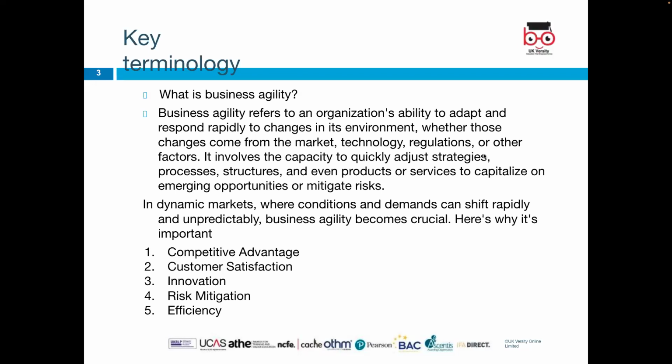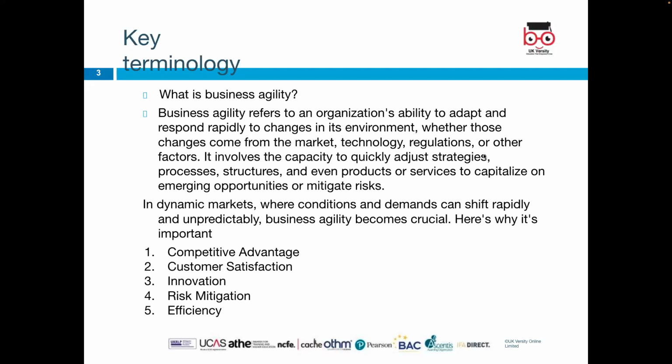It involves the capacity to quickly adjust strategies, processes, structures, and even products or services to capitalize on emerging opportunities or mitigate risks. In dynamic markets, where conditions and demand can shift rapidly and unpredictably, business agility becomes crucial.